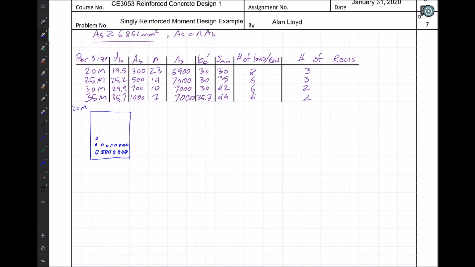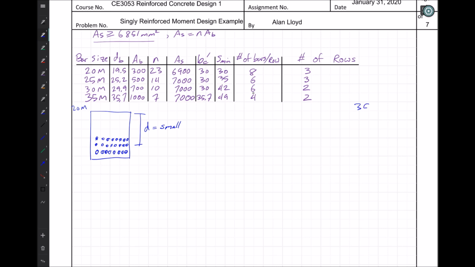That's an odd number. I'd have to put 8 above that as well to make it a nice even number. And by the time I do that, my value of D is small because I have a lot of bars in there and they're moving up towards the neutral axis, which will mean I'll have to increase H. So that doesn't really work out.